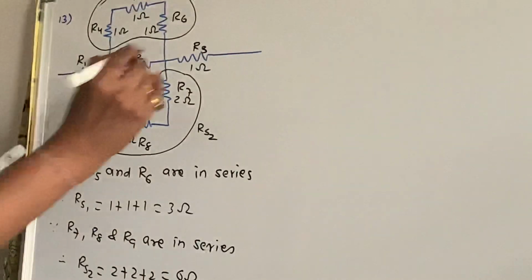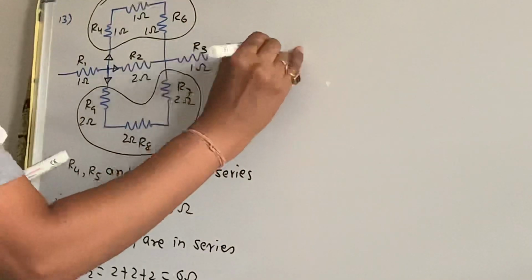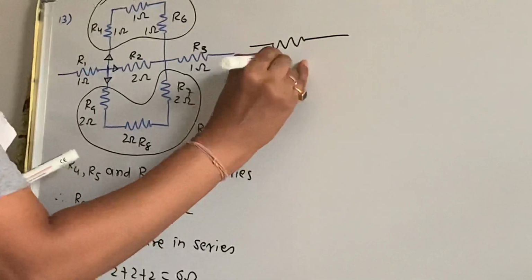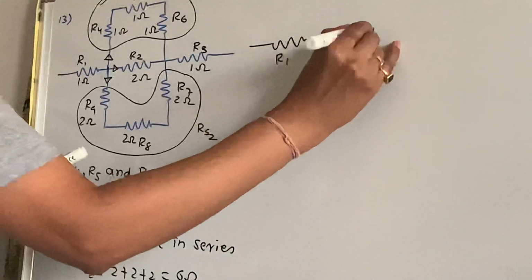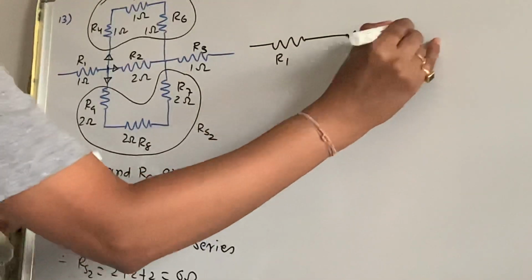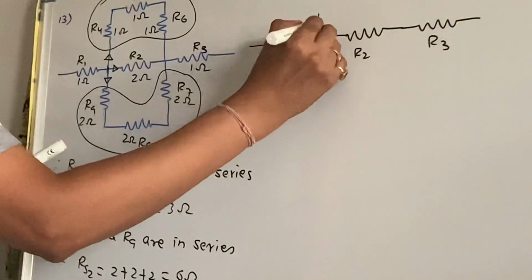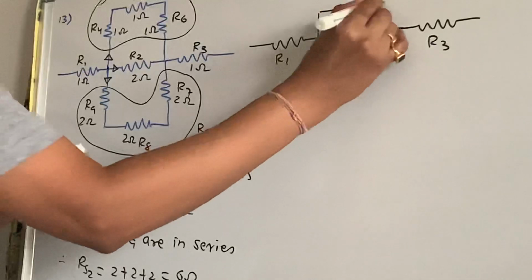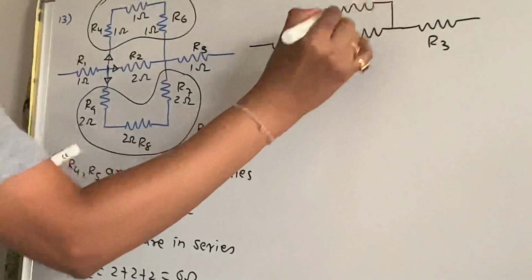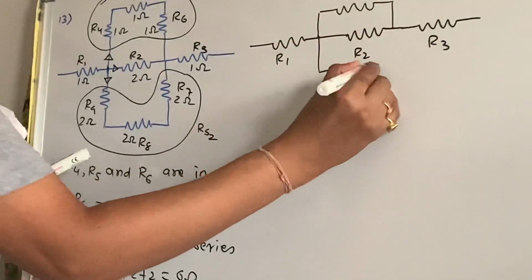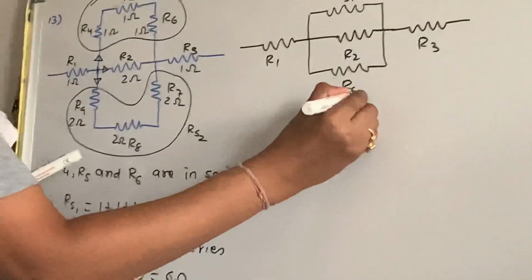Now check the diagram. This diagram is modified as, this is your R1 as it is, this is your R2 as it is, this is your R3 as it is. But over here, this is RS1 and over here, this is your RS2.